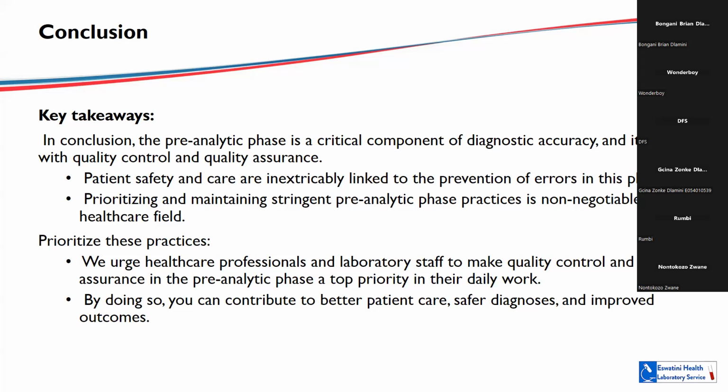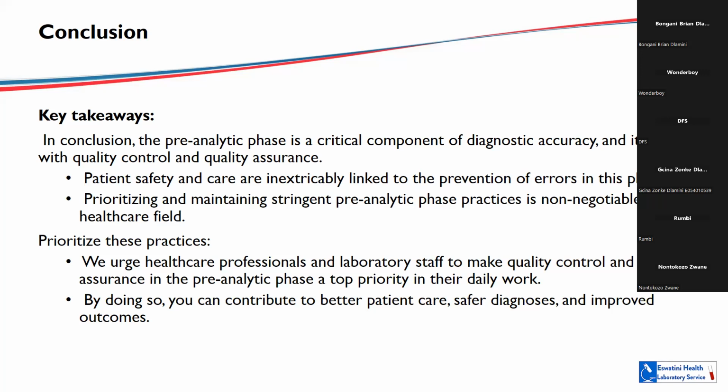As we have said, if something goes wrong in the pre-analytical phase, it will affect the sample all the way until the post-analytical. So it is a very critical component of diagnostic accuracy, and it starts with quality control and quality assurance.